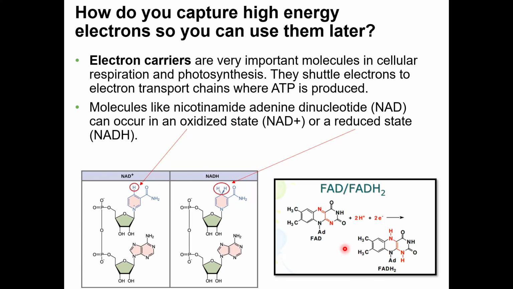It also involves molecules like nicotinamide adenine dinucleotide, or NAD, which ends up in an oxidized state like NAD plus, or a reduced state where it gets a hydrogen added on, which is NADH. Similar scenario with FAD and FADH2.